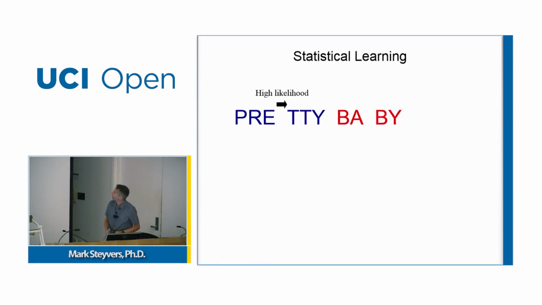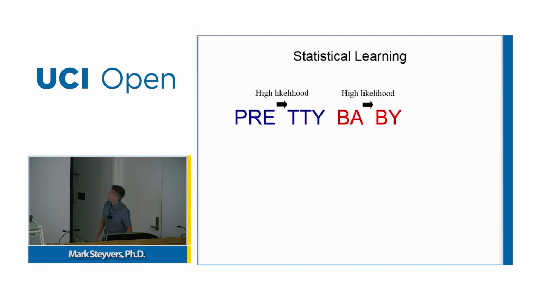Well, one idea is to look at these co-occurrence statistics. Syllables that are part of the same word should co-occur more frequently than syllables that are part of different words. So there should be high likelihood of the syllable tee following pre.